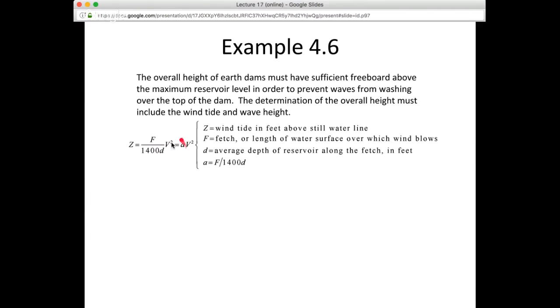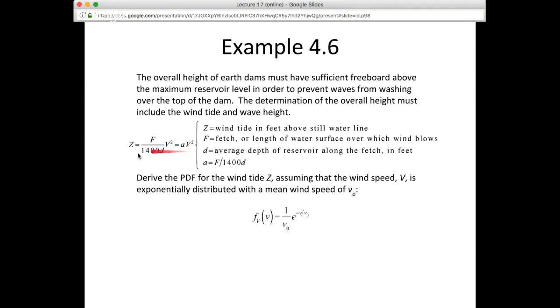So we can just lump that into the constant little a here. And so then what we have is that the wind tide height, that's the height above the still water line that our dam better go to, otherwise it's going to overtop, is equal to that constant a times the wind velocity squared.